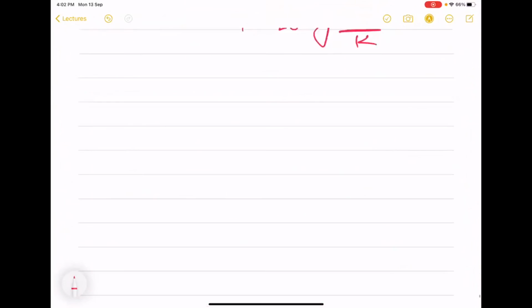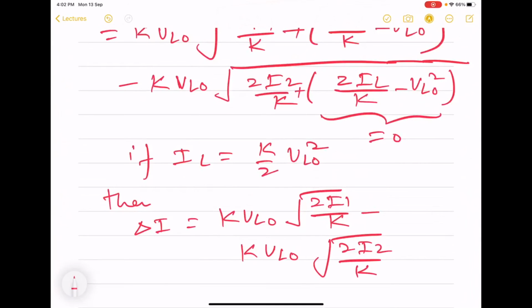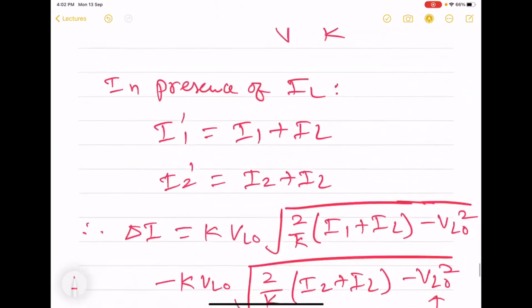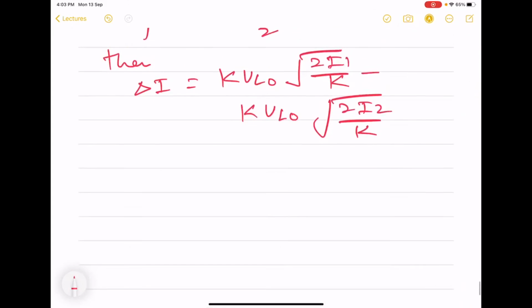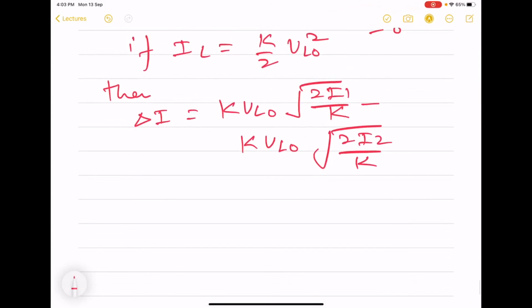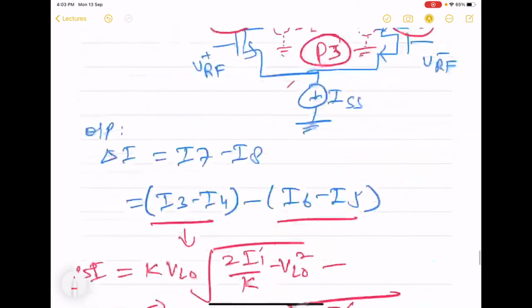And now this I1 is the drain current of this P3 second differential pair. For the drain current of a differential pair, we have already expressed that current in the form of a perfect square. So we are going to use that expression to substitute this I1 and I2.